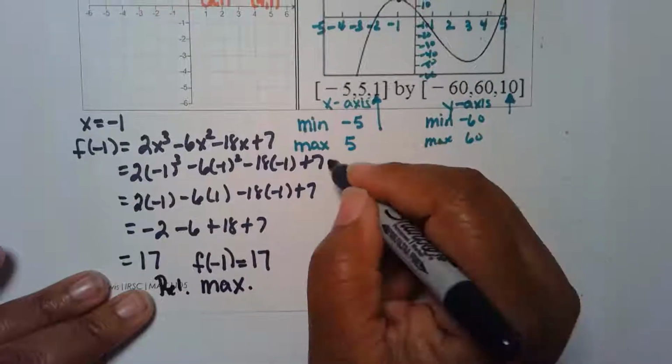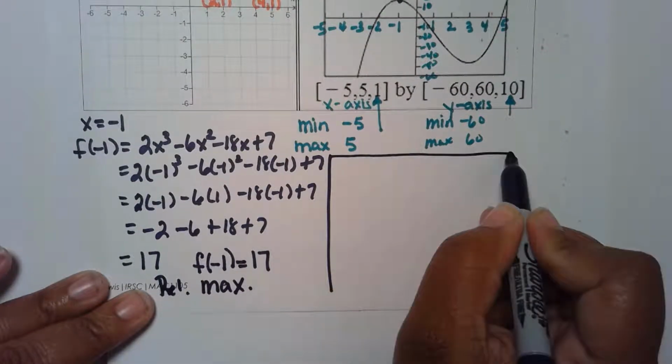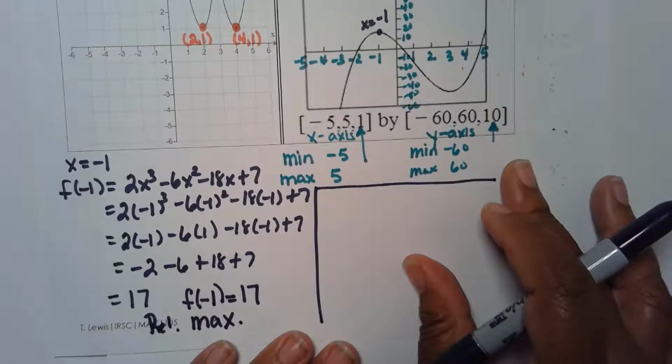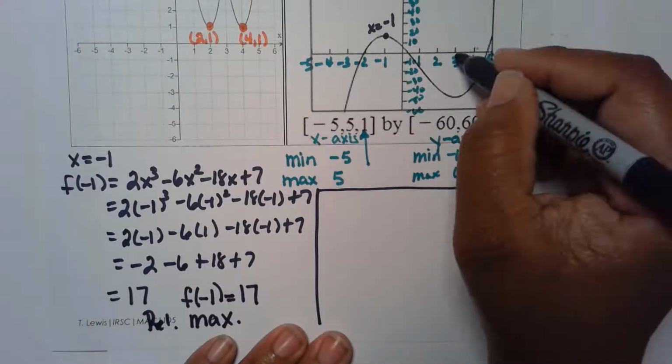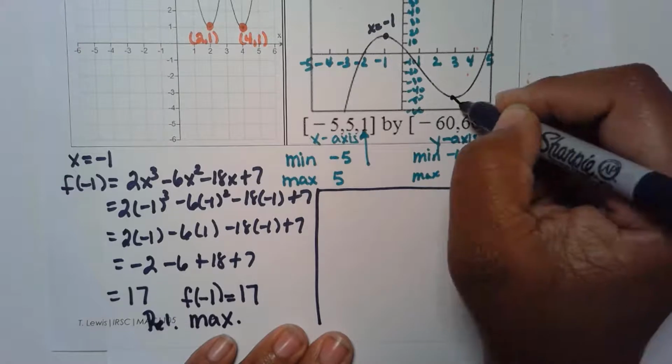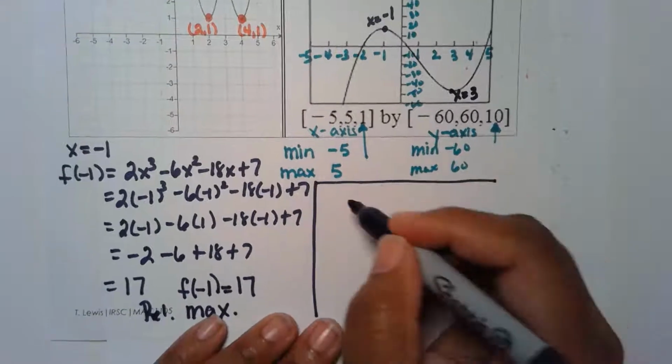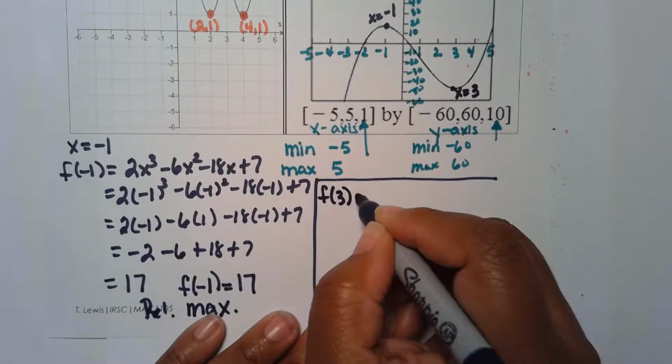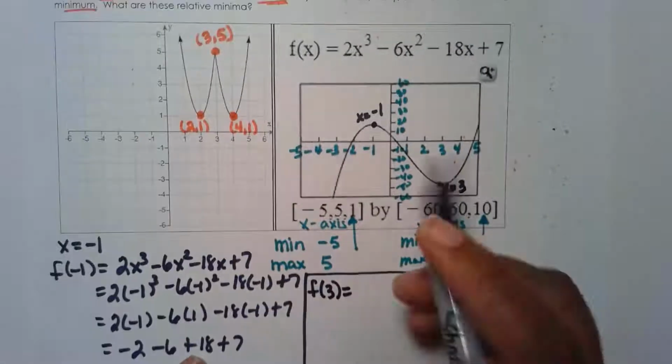Let's find the min. So what's the smallest value that you see? What's your x? At 3. So we're going to substitute 3 in for x into the equation that's given.